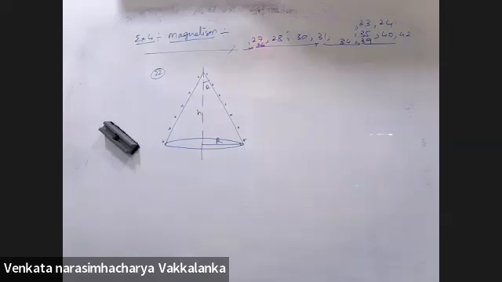I don't remember. Q omega r square by 2. Yes, how much? Q omega r square by 2. Can you bank on it?